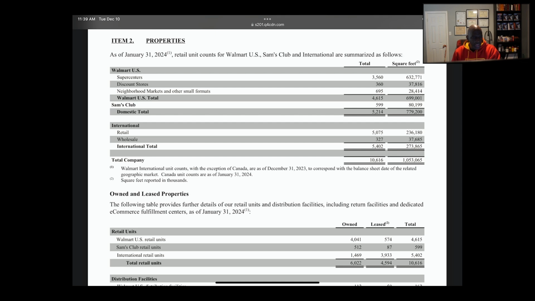So now we see here, we've got properties, we've got properties of Walmart, we've got Walmart US supercenters, discount stores, neighborhood market, and other small formats. Why is this important? This is super important because we want to know how many supercenters there are.